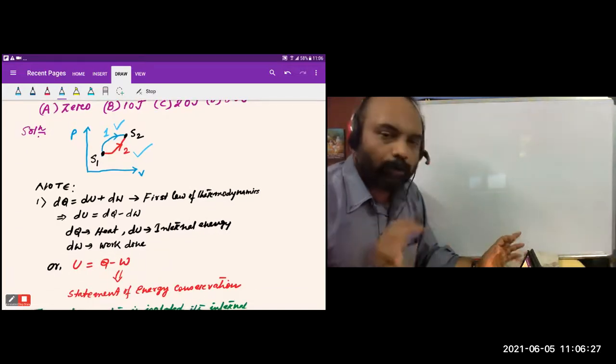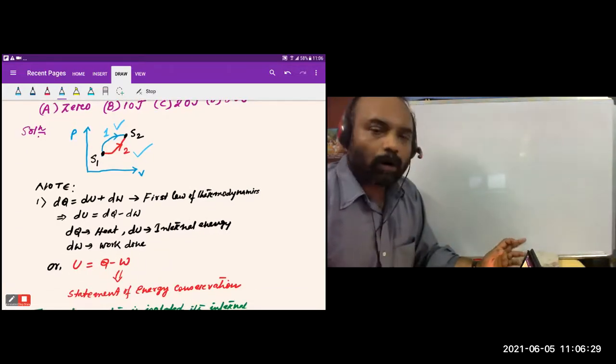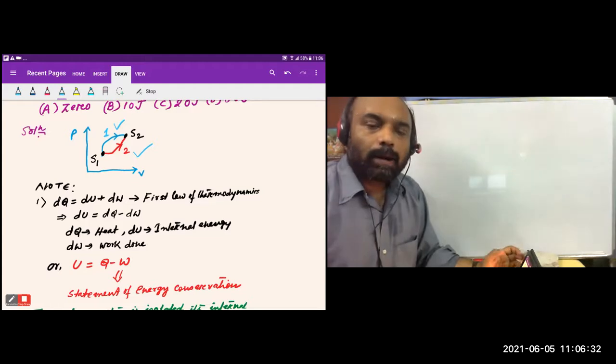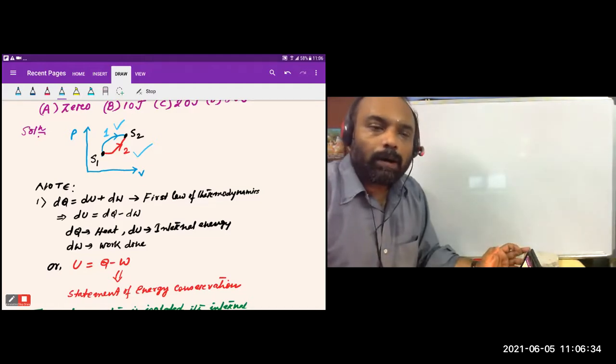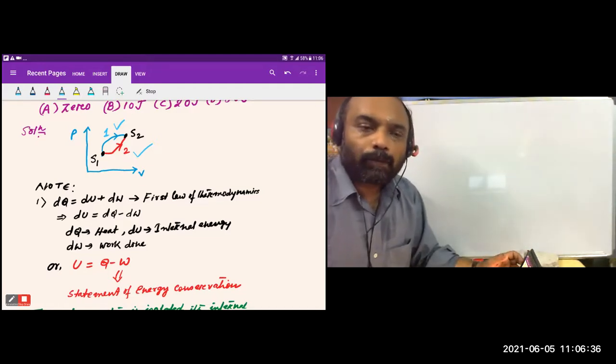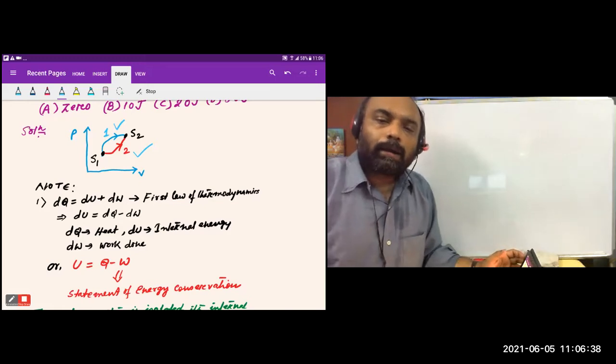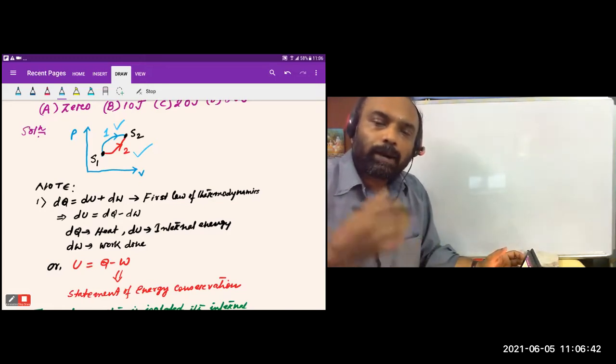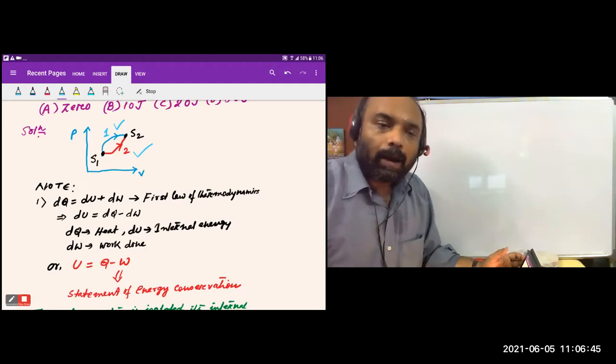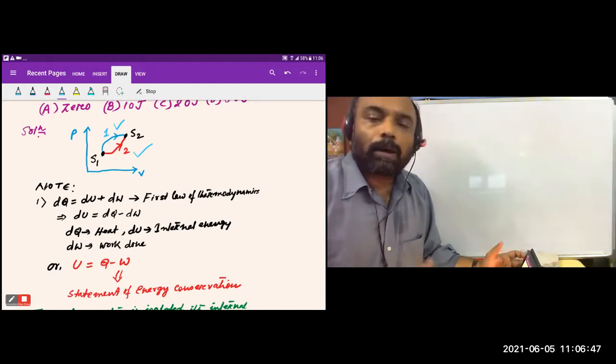Now, a few points to be noted. First law of thermodynamics says dQ is equal to dU plus dW, where dQ is the heat supplied to the system, dU is the internal energy, and dW is the work done.